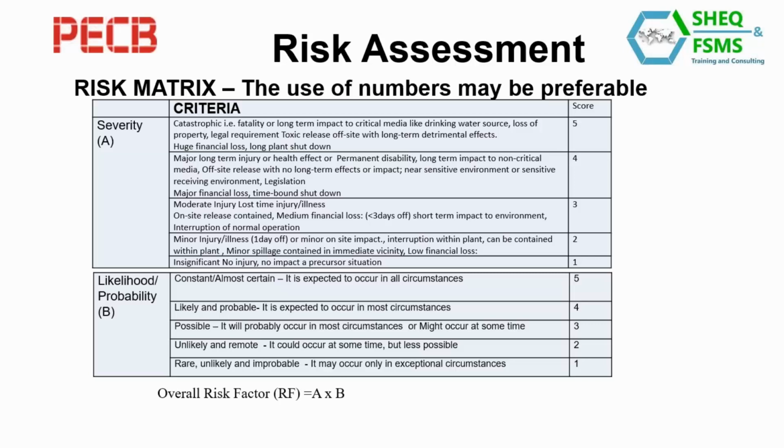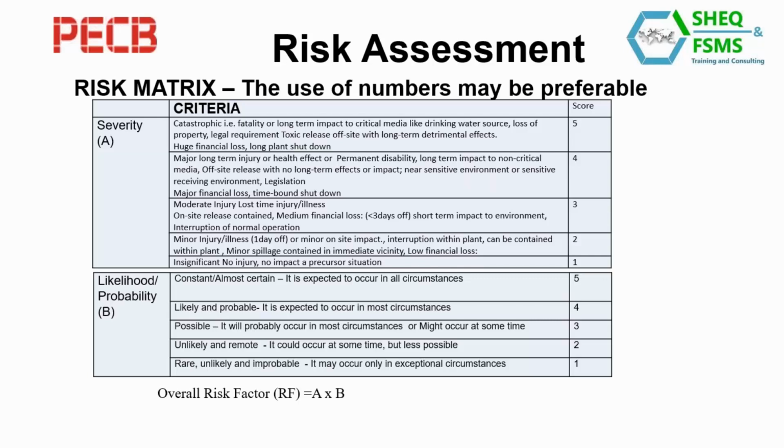And catastrophic, that is fatality or long-term impact to critical media, like drinking water source, loss of property, legal requirement, toxic release, offsite with long-term detrimental effects, huge financial losses, long plant shutdown. You score that one as 5 on the severity.